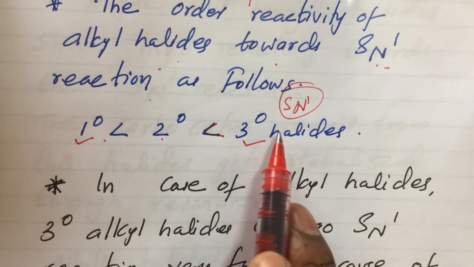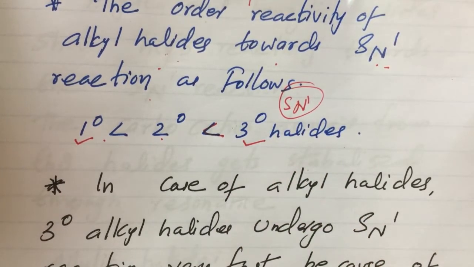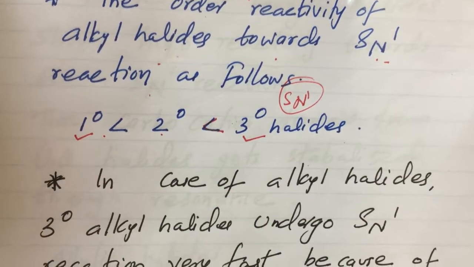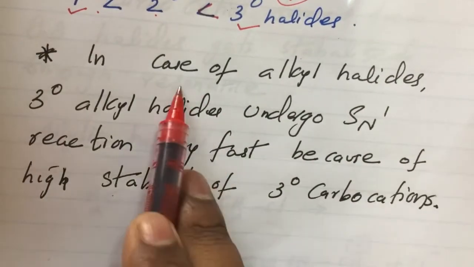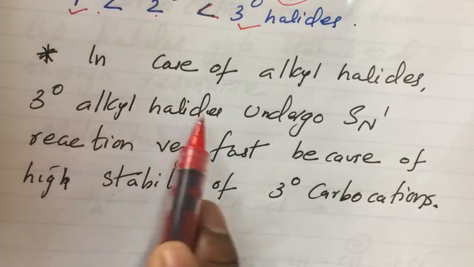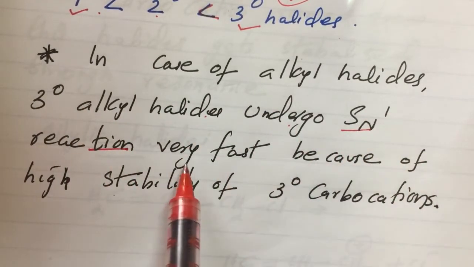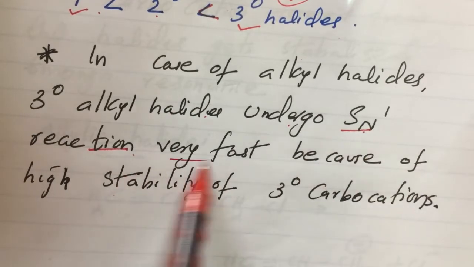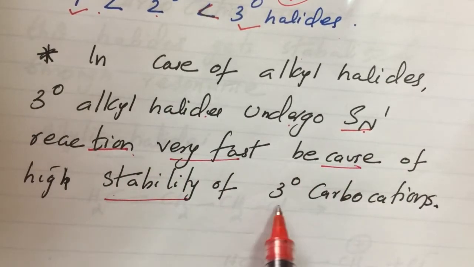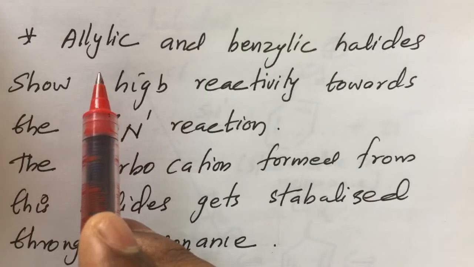And one more thing, tertiary halides undergo cleavage to form the more stable tertiary carbocation. In the case of alkyl halides, tertiary alkyl halide undergoes the SN1 reaction. The SN1 reaction is very fast because of the high stability of the tertiary carbocation.